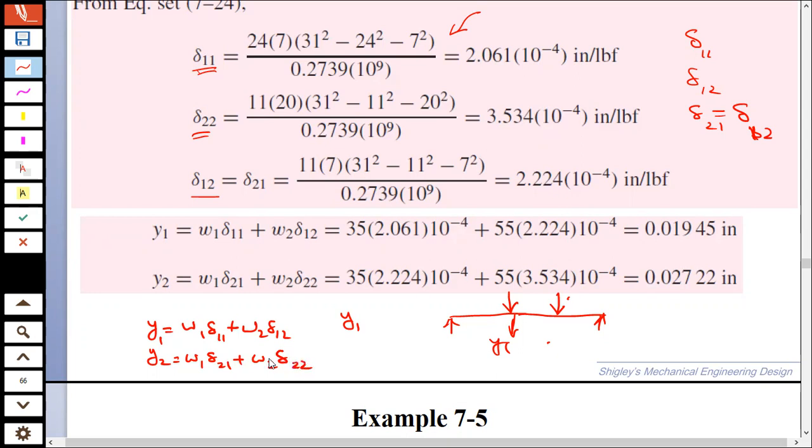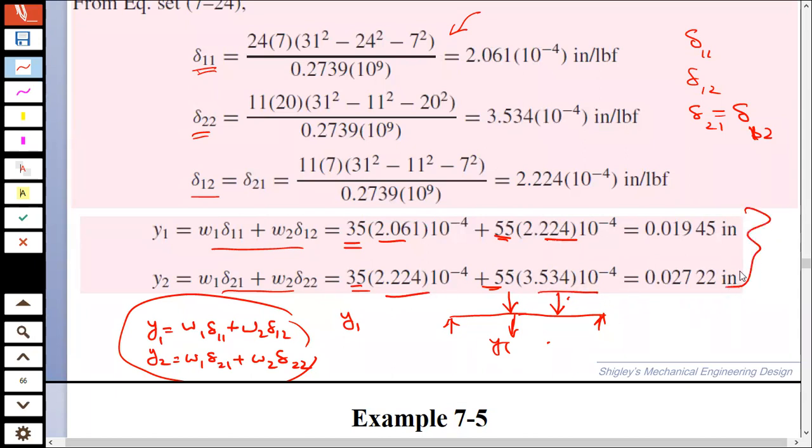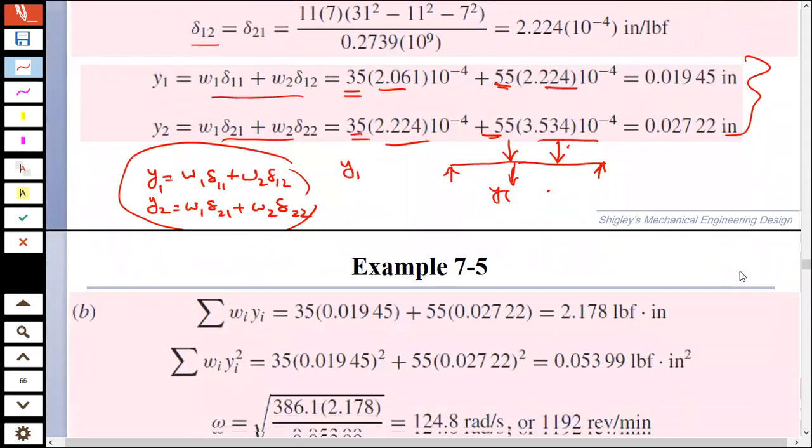So these are our two equations, and let's put in the values of delta 11 and delta 12 and W1 and W2. We know that one is 35 and the other one is 55. So put the values of your delta 11, delta 12, delta 21 and delta 22, and you will calculate your deflections from here.